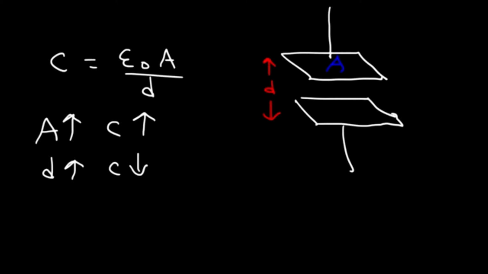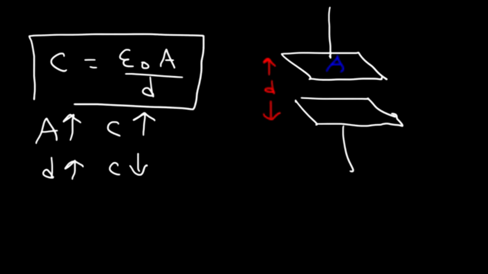And therefore, the electric force acted on the charges in between the plates, if there is a charge, will be weaker. And also the capacitance will go down as well. So make sure you understand this. If you increase the area, the capacitance will increase. If you increase the distance, the capacitance will decrease.